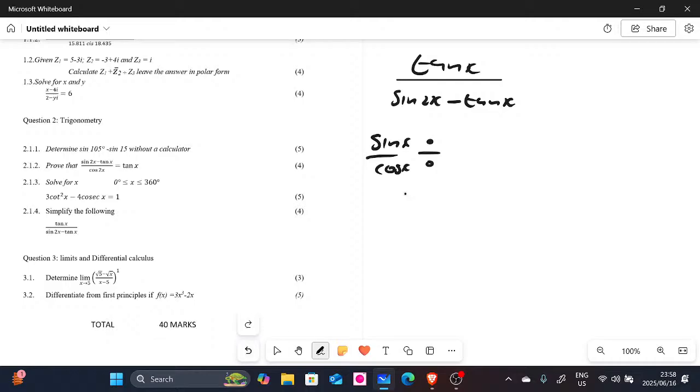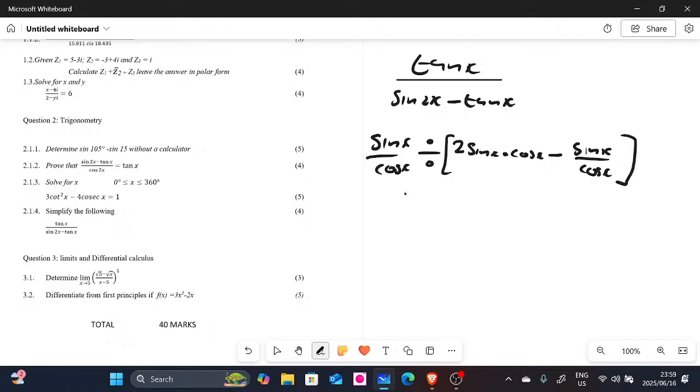Then you change this one using a double angle identity: 2 sine x multiplied by cos x. Go to page 236, you will see these double angle identities. Minus, instead of writing tan, you write sine x over cos x.